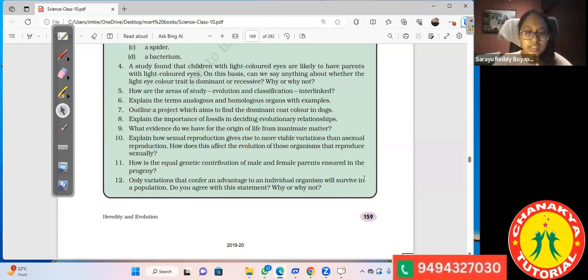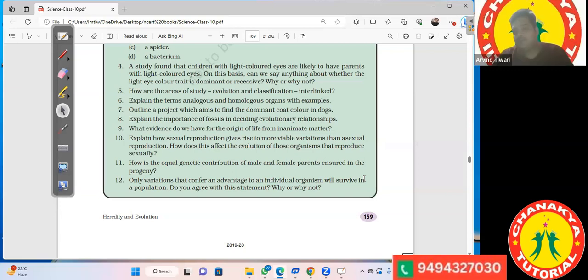Sir, I don't think we can say, because if both of the parents have light colored eyes, the gene can be recessive also. Even if it is recessive and both parents have light colored eyes and the children have light colored eyes, it may be.